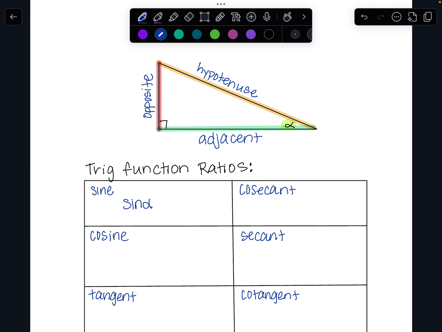Sine of alpha is equal to the opposite side over the hypotenuse.